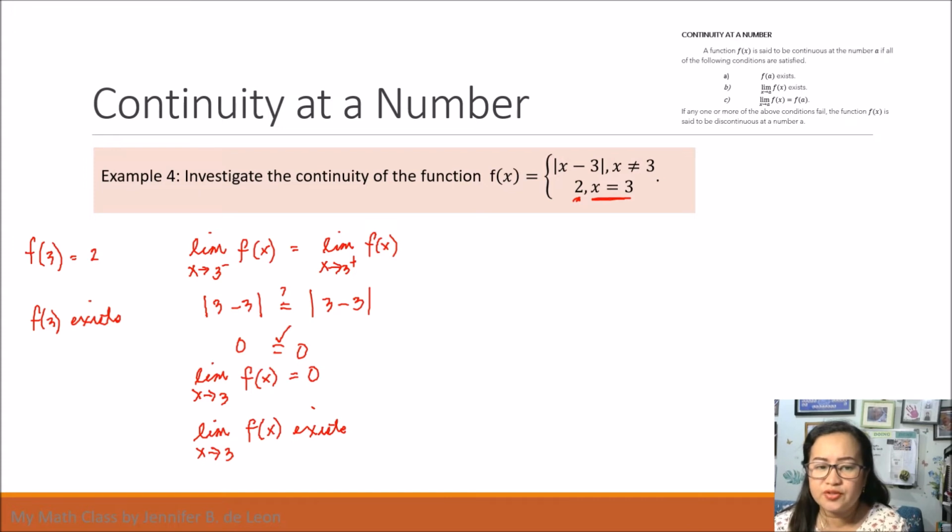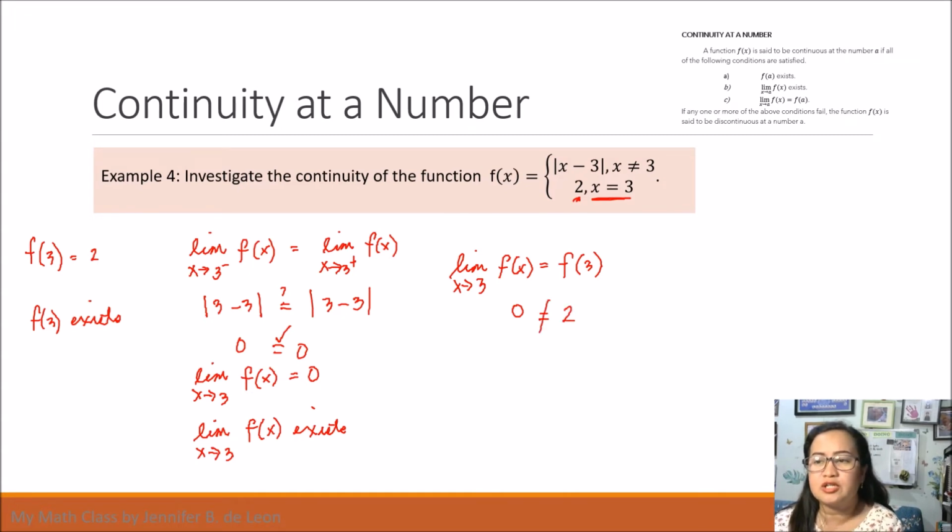So what about the third condition? We show that the limit of f of x as x approaches 3 is equal to f of 3. Now we get the value of the limit of f of x as x approaches 3. We have 0. However, f of 3 is equal to 2.